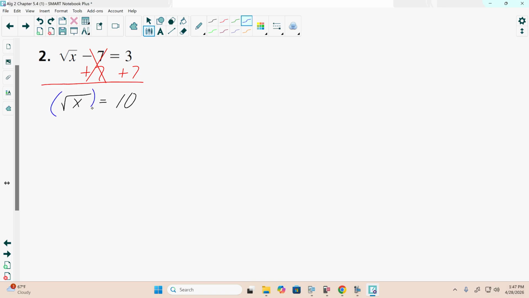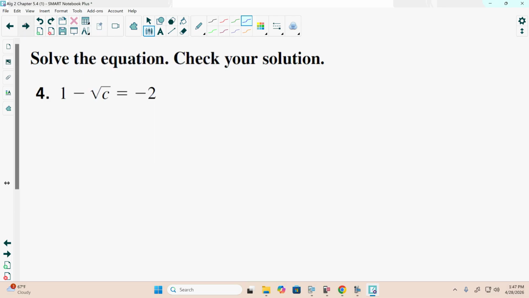Put it to the nth power, and that nth power is 2. Square and square would cancel, telling us x is equal to 100. Questions on this here? I think we're good there.